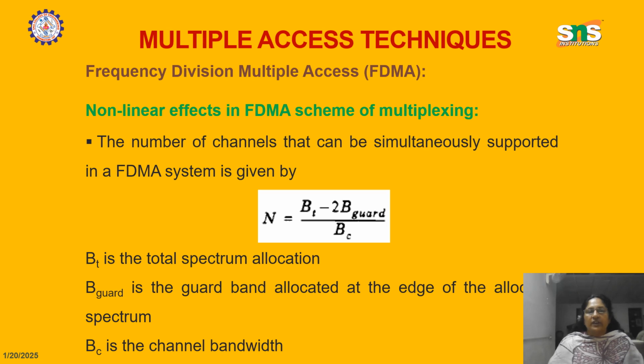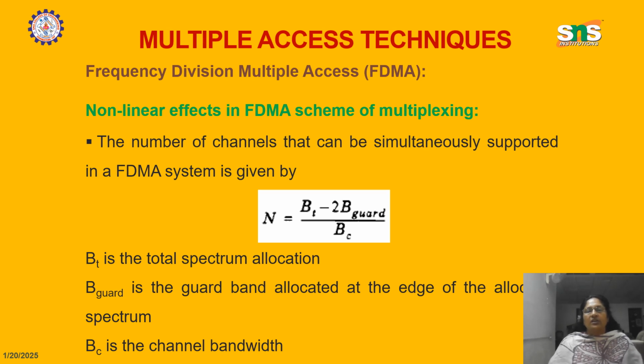First generation mobile communication uses analog signals. When analog signals are used, we can go for frequency division multiple access, where the entire bandwidth is not allocated, only a part of the bandwidth is allocated. Each user is allocated one forward channel and one reverse channel.